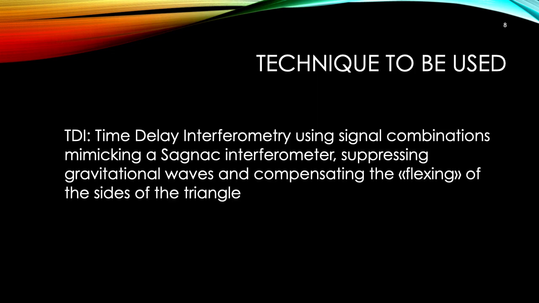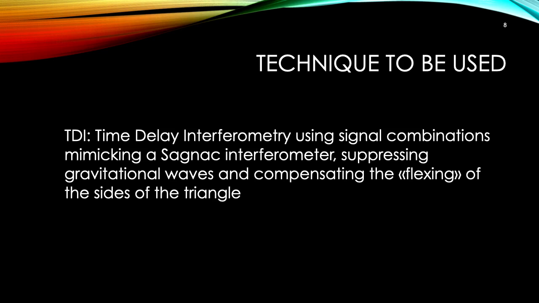Next, I mentioned in this slide, the technique to be applied is the so-called TDI, or time delay interferometry. It permits to simulate the behavior of our system, mimicking a Sagnac interferometer. This is for calibration purposes, and suppresses the gravitational waves, which is the main goal, of course, of LISA.